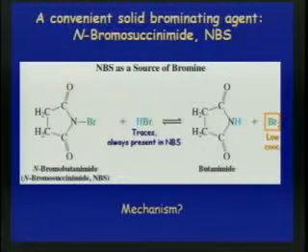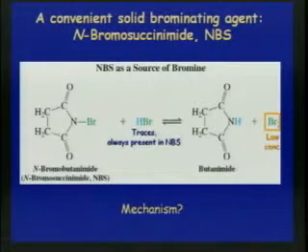A much more convenient reagent for these radical halogenations is actually this beast here called N-bromosuccinimide, or IUPAC calls this N-bromobutanimide. We'll come back to nomenclature of these kinds of species when we talk about carboxylic acid derivatives. But the crucial part is it's got this NBr bond.